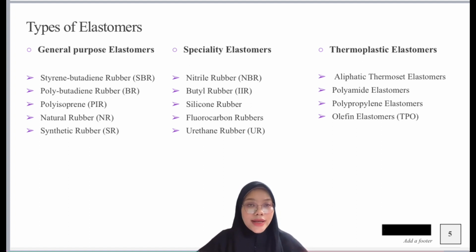For specialty elastomers, we have nitrile rubber (NBR), butyl rubber (IIR), silicone rubber, fluorocarbon rubber, urethane rubber (UR), and for the thermoplastic elastomers, we have aliphatic thermoset elastomers, polyamide elastomers, polypropylene elastomers, and TPO.